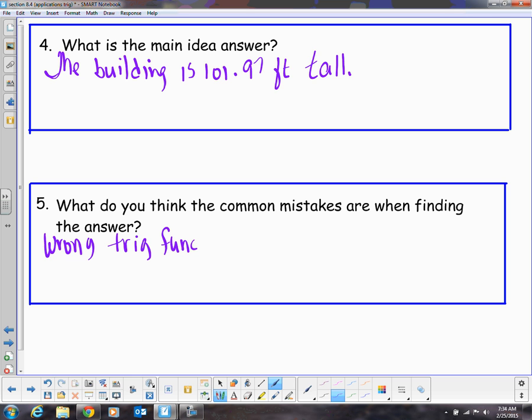Yeah. Okay. Not labeling the right things. Wrong unit. Poor rounding. Oh, that would be number one. Most common mistake is to forget to round.